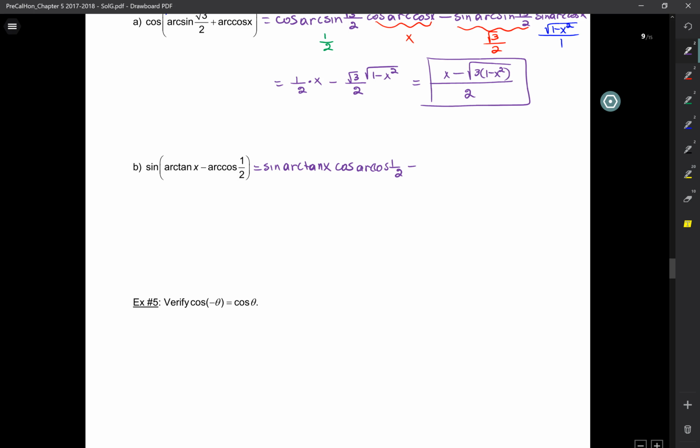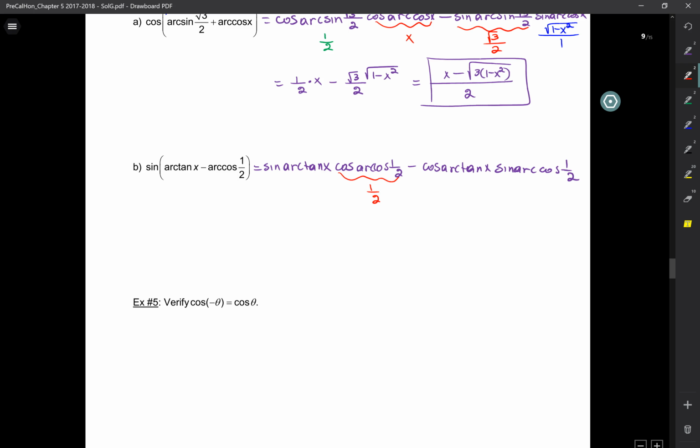Minus sine cosine. Okay, so cosine arctangent of x sine arc cosine of a half. All right, so let's see what we can cancel here. Cosine arc cosine of a half is just a half.